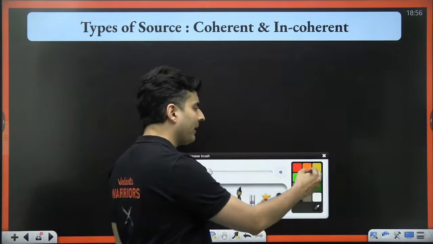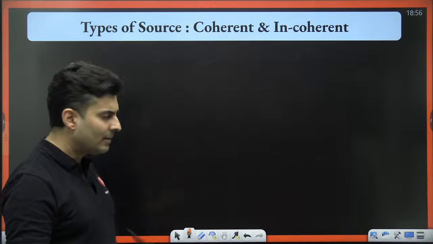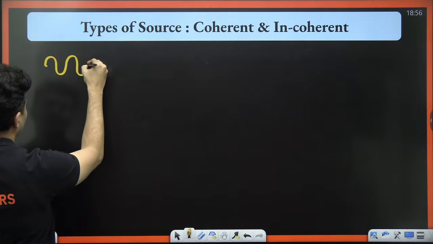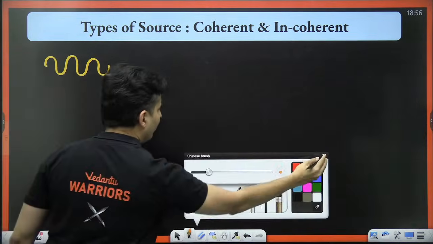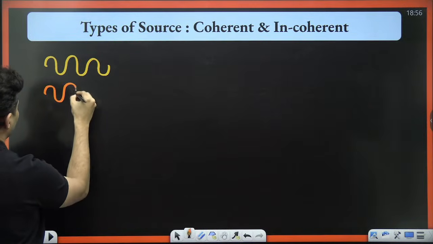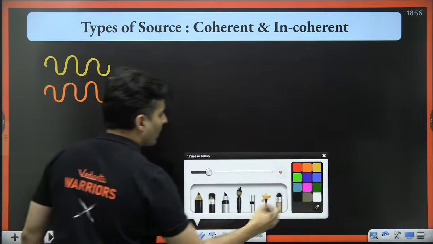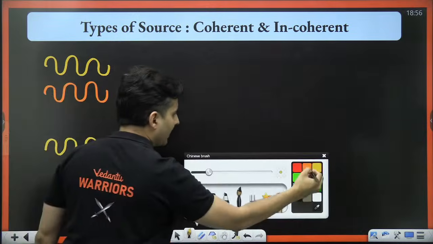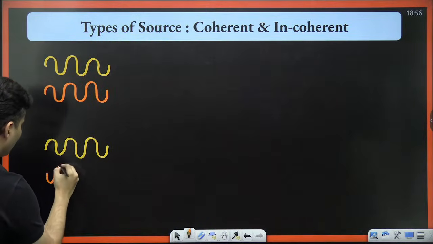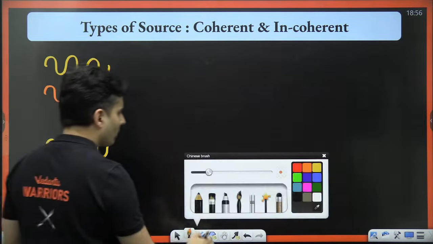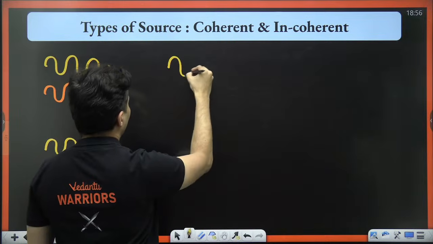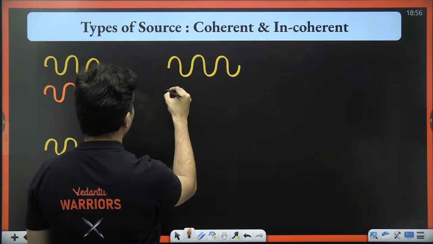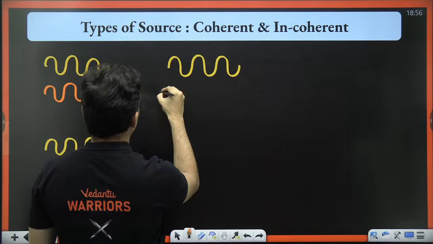So what is the meaning of coherent and what is the meaning of incoherent? Let me give you a perfect example. Imagine there is a light wave like this, and another light wave which is produced from another source like this. Or there is a light wave like this, and at the same time another light wave produced from some other source, maybe like this. Or from another entity the light wave is like this.